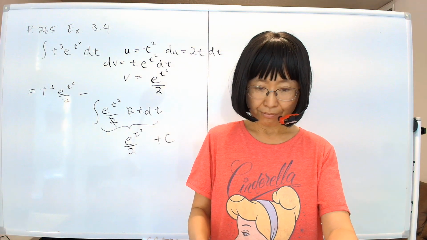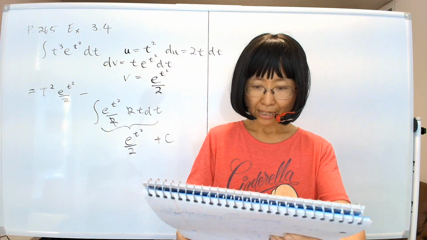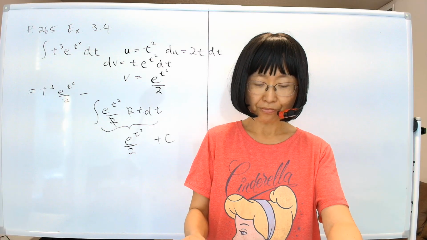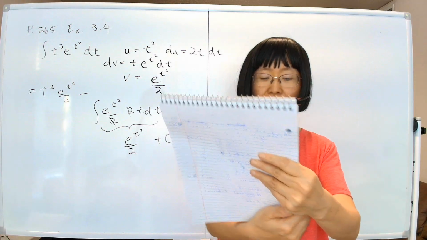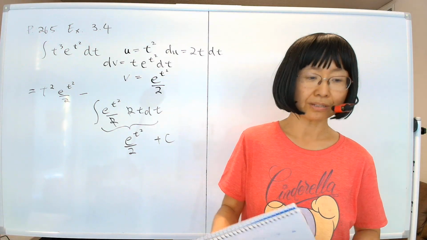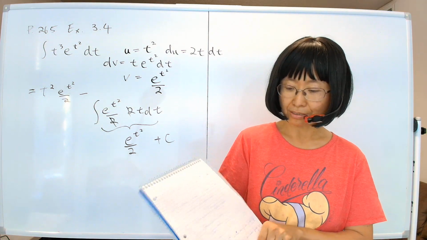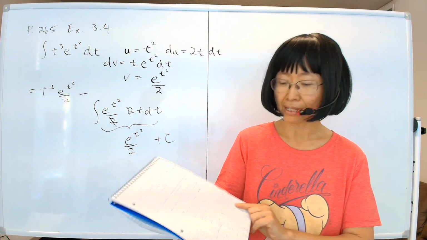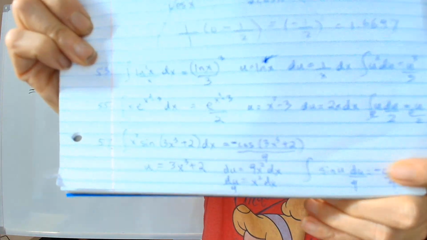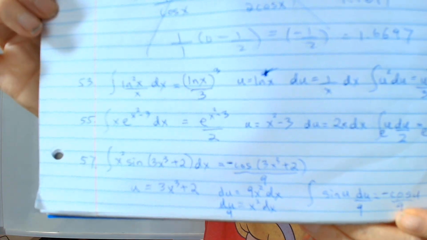All right, so next let's do problem 53. Problem 53 is a review of the substitution method of integration that you learned back in calculus 1. The substitution method, of course, goes very, very quickly.